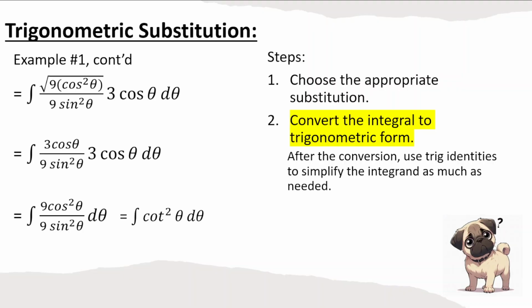What you'll find in most of these cases is that by using this substitution, you'll have a fair amount of simplification, which typically will bring you to a simple, relatively speaking, trigonometric integral. So now we just have to contend with integrating cotangent squared of theta.